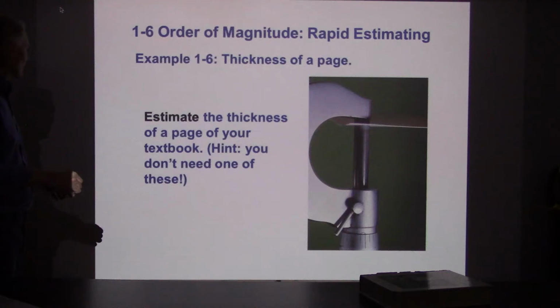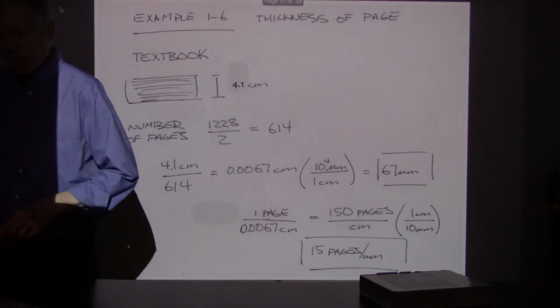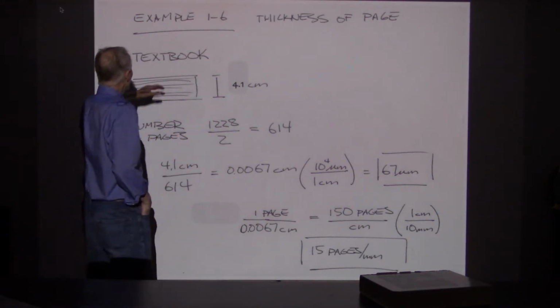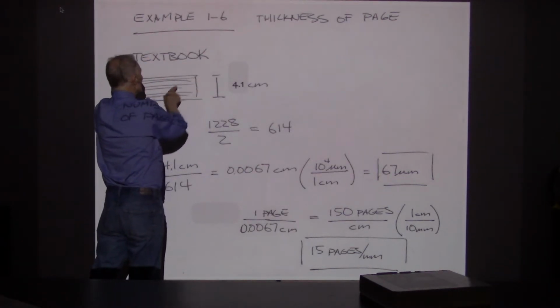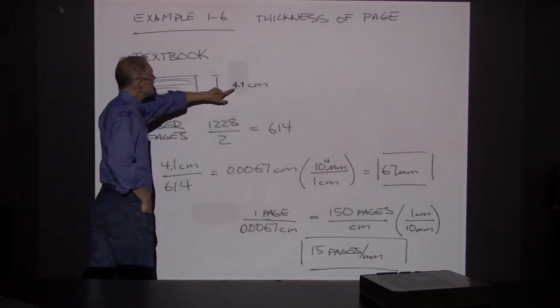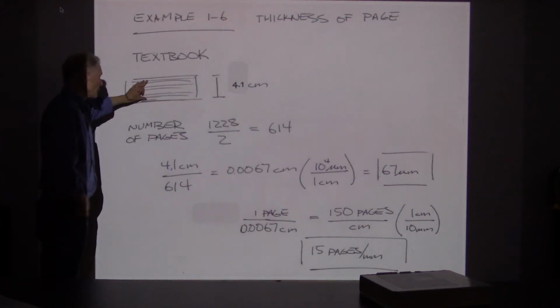Anyway, let's see, how are we going to measure the thickness of one page? I took this very textbook, and I ignored the cover flaps, and I got out a ruler, and I measured the distance of just the pages to be 4.1 centimeters. And I counted the number of pages.